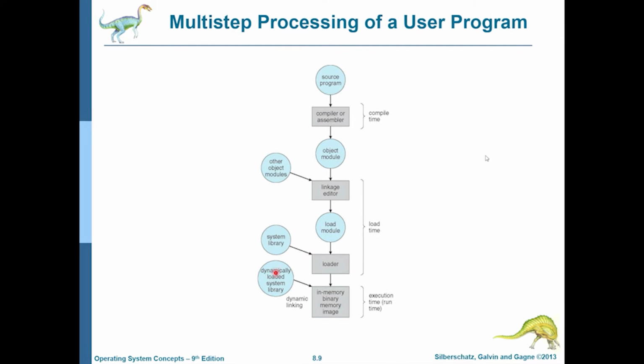But there are certain functions and modules which are used so commonly and by so many programs that it does not make sense to put one copy each into each of your executables. So when your executable is running in memory, and it encounters one such common function, and the code for such functions is usually kept in DLLs, dynamic loaded system libraries, then your operating system can go fetch the code of that function from the DLL, put it in memory, and then also patch that memory.